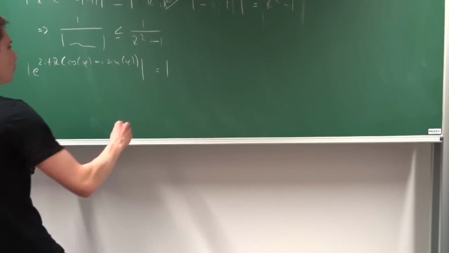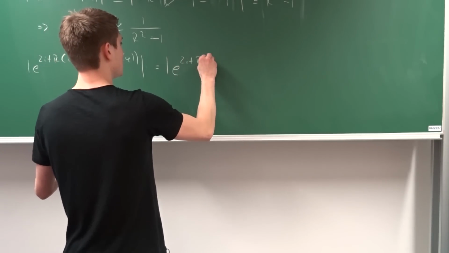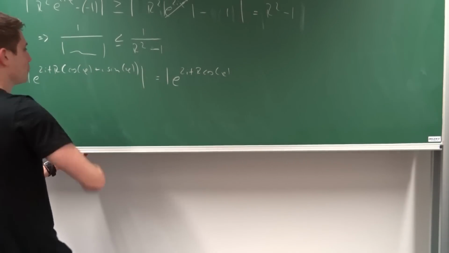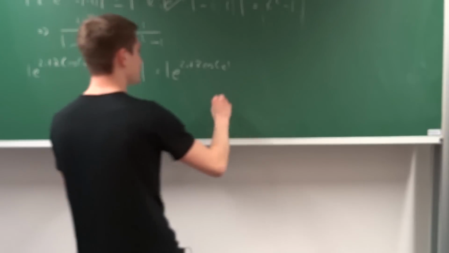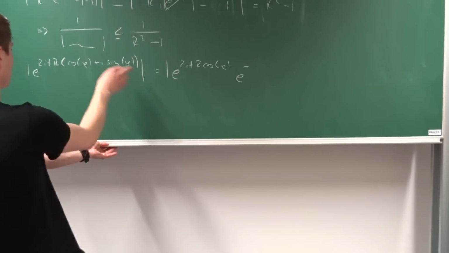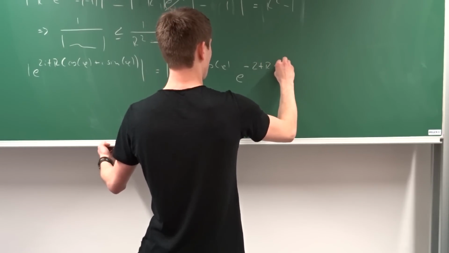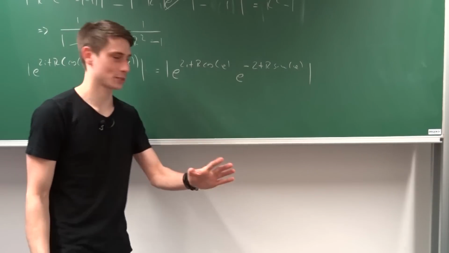So we have, at first, the absolute value of e to the 2 i t times r times the cosine of phi, so that's nice. And also we have positive becomes negative because we have i squared right here, and e to the negative 2 times t times r times the sine of phi. Whew. Okay, that's quite some work.